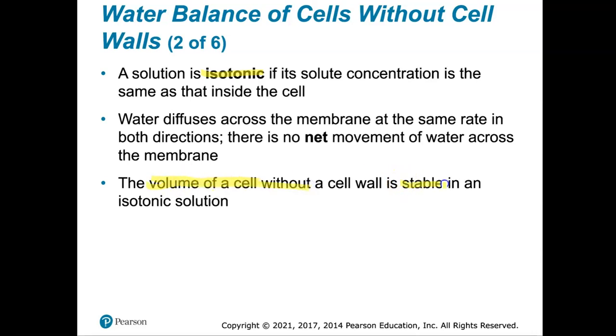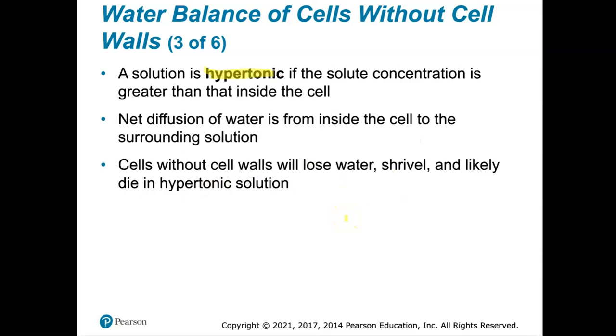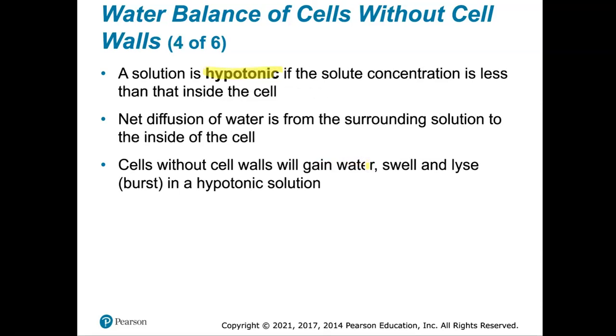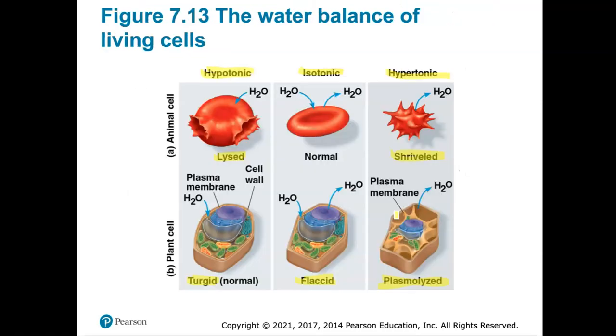So a cell without a cell wall is going to be stable in an isotonic solution. In a hypertonic solution, cells are going to lose water, shrink, and likely die. In a hypotonic solution, the cell will gain water and it will swell, and it could lyse or burst unless it's a plant cell, in which case it's just going to maintain turgor pressure.